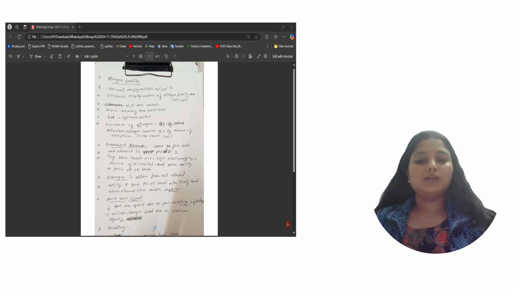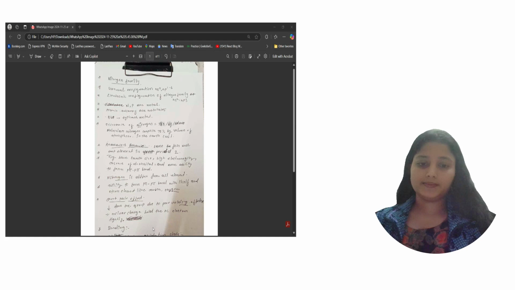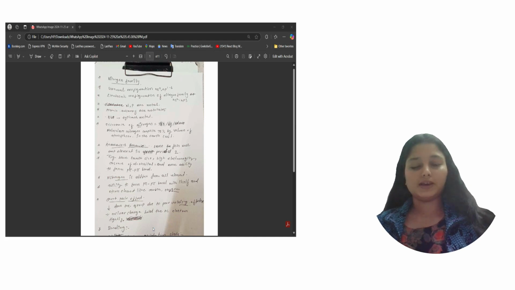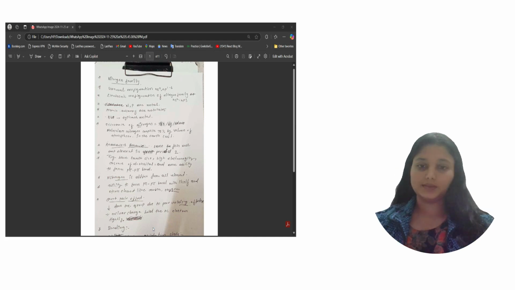If we talk about nitrogen and phosphorus, there is a considerable increase in covalent and ionic radii. However, from arsenic to bismuth, we see only a very small increase in radii. Why is this happening? It is because of the completely filled d and f orbitals in the heavier elements.